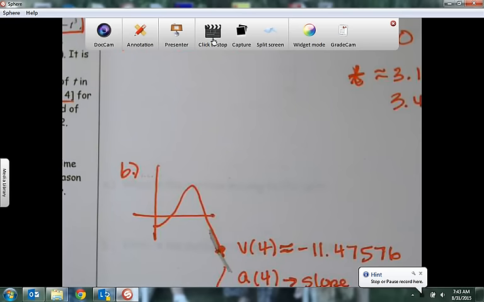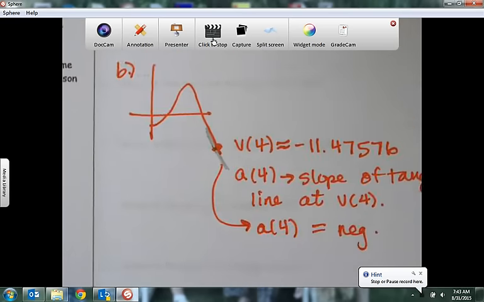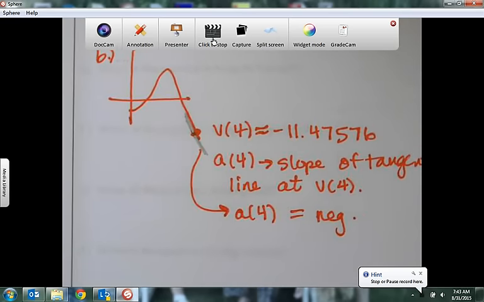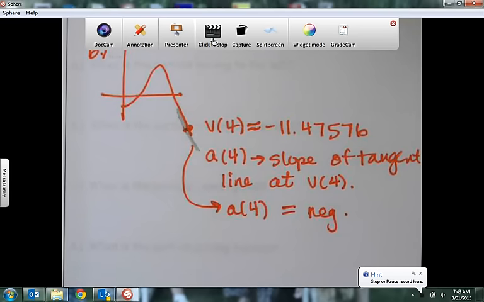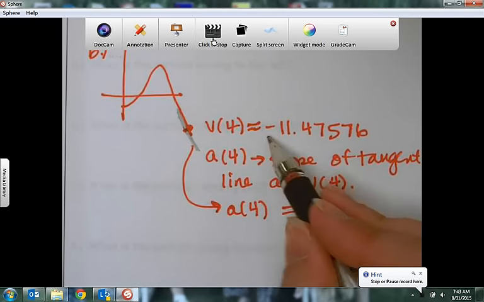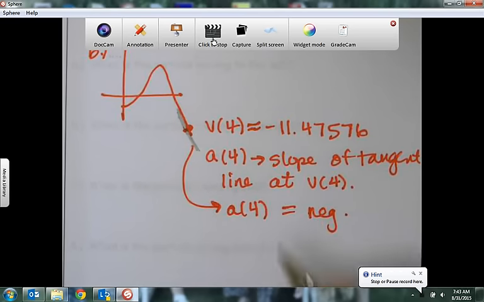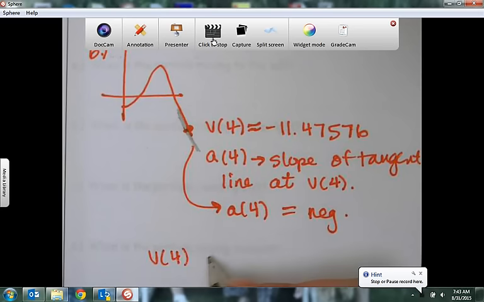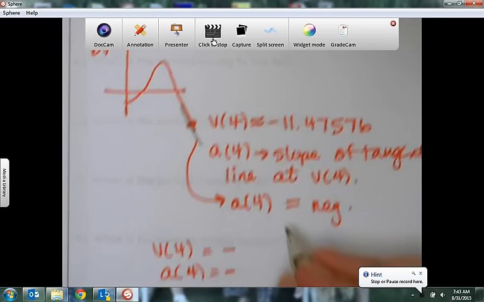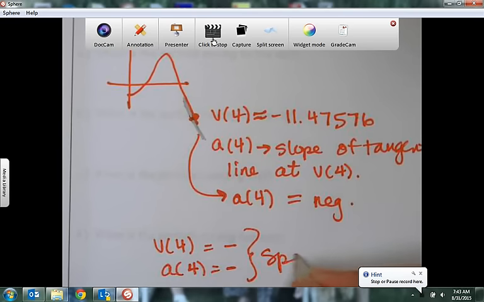That slope is decreasing. So here I see that both v of 4 and a of 4 are negative, which tells me, since they have the same sign, that speed is increasing.